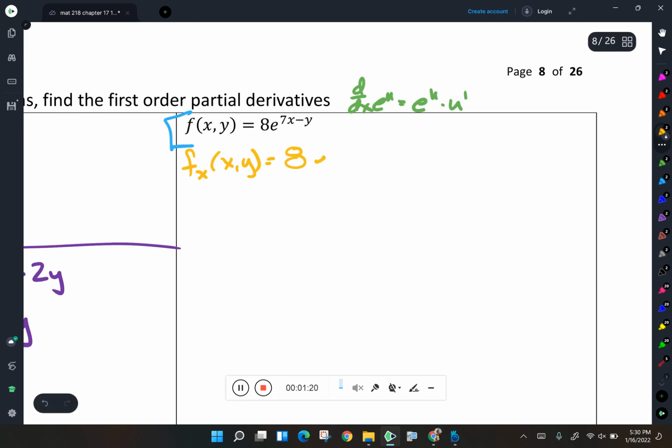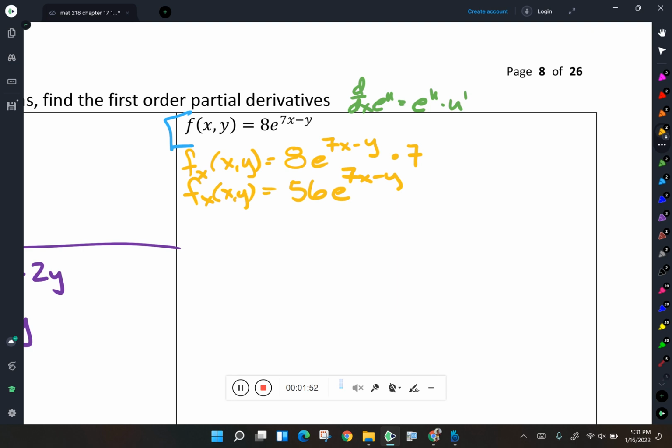E to the 7x minus y times, and now I need to take the derivative of the exponent, but not the derivative, the partial derivative with respect to x. The partial with respect to x of 7x will be 7, and the partial of negative y will just be 0 because there's no x in it. It's just a constant. And then I'll clean that up and properly label it. And there we go, our partial with respect to x. That wasn't too bad.